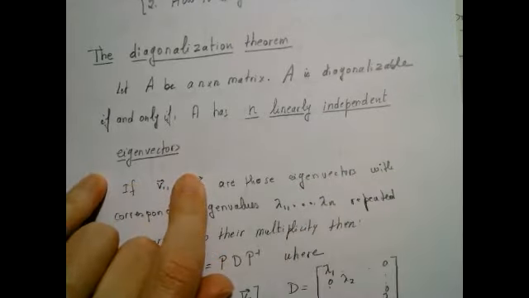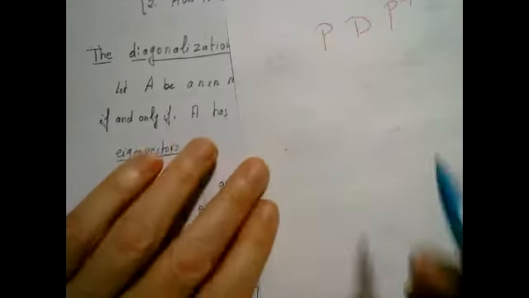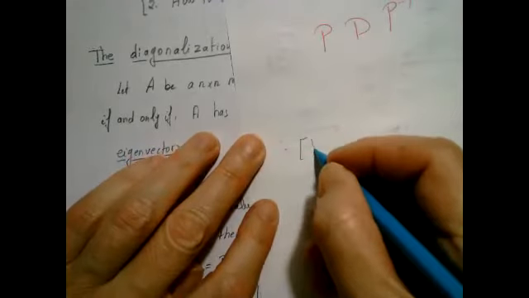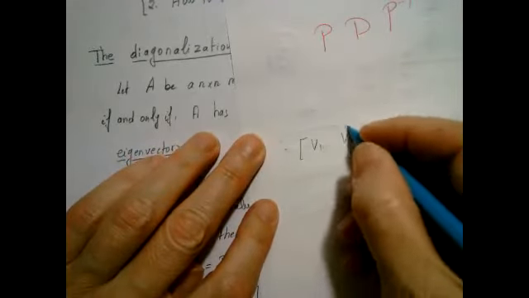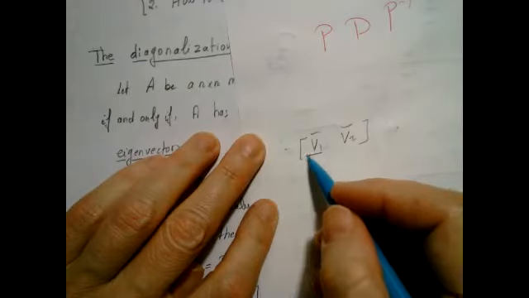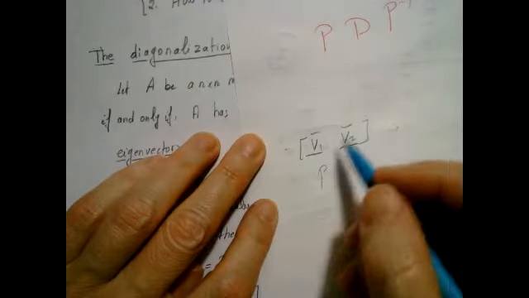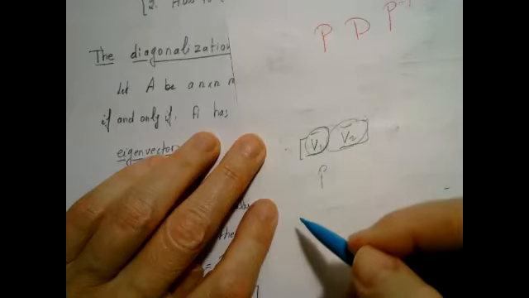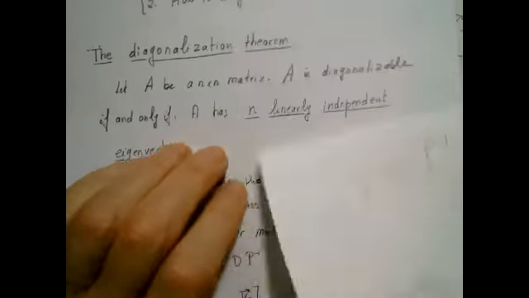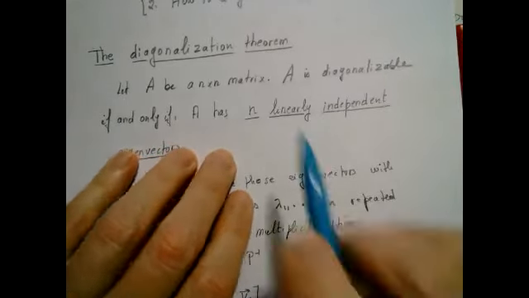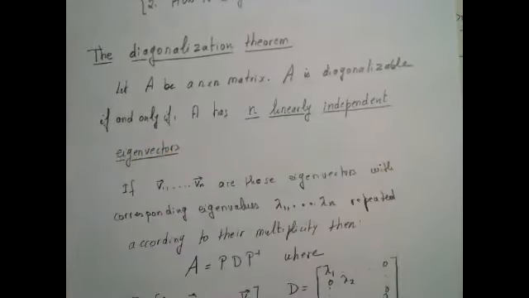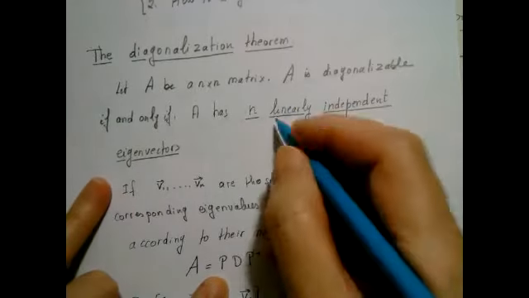In the previous problem, because it was 2 by 2, the columns of P had to be the eigenvectors. But if those are not linearly independent, then P inverse doesn't exist and everything doesn't really make sense. So the main criterion: a matrix is diagonalizable if and only if it has n linearly independent eigenvectors.